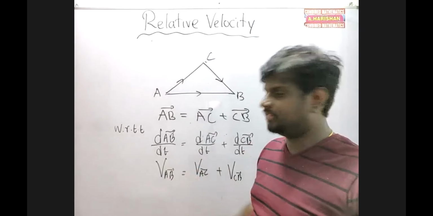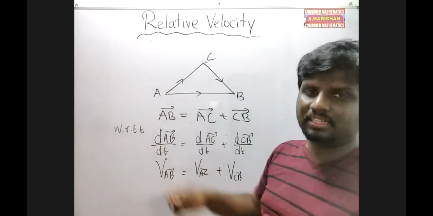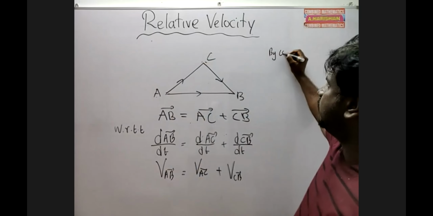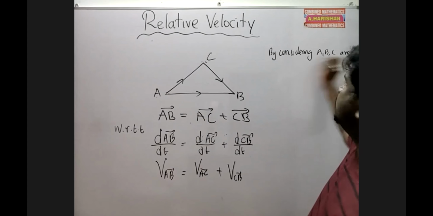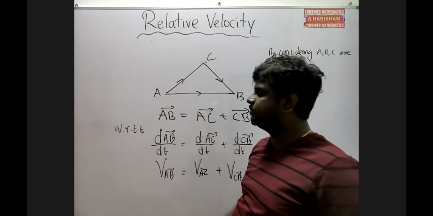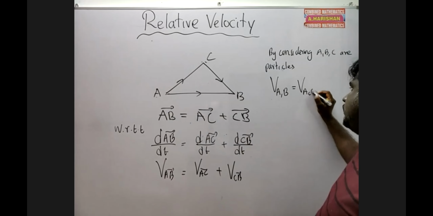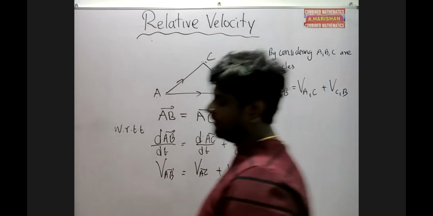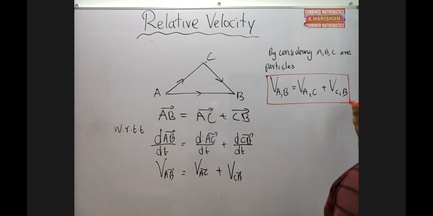There are big concepts behind this, but I can tell you: if you consider A, B, C, all these points as particles, and they can move here and there, then write down, by considering A, B, C only as particles, this becomes the relative velocity principle: AB, AC, CB. Is it clear?